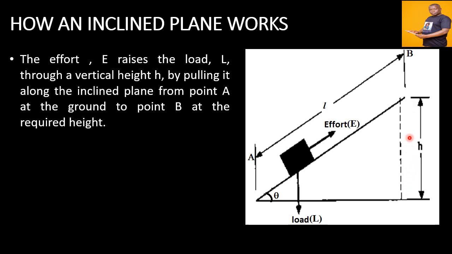Remember, work against gravity, it's the mass of this body multiplied by the acceleration due to gravity, g, multiplied by the height. So in the absence of this plane, it is going to be difficult to move this same box to that height, because the only available option would be to simply lift it.